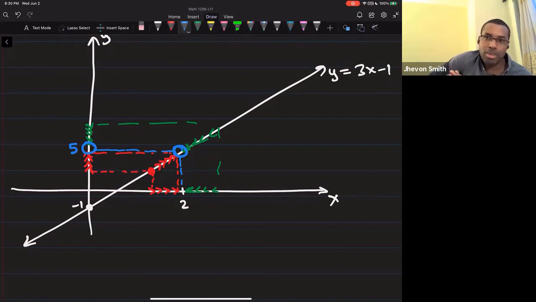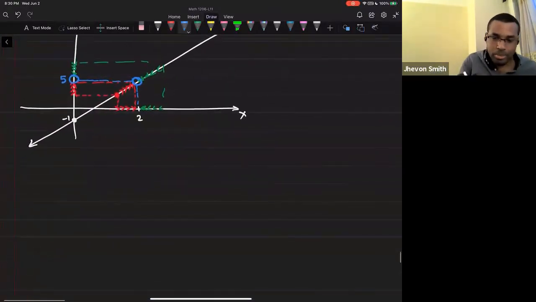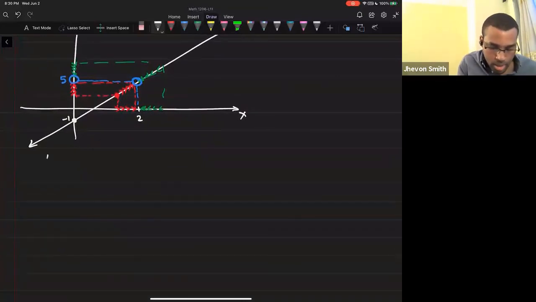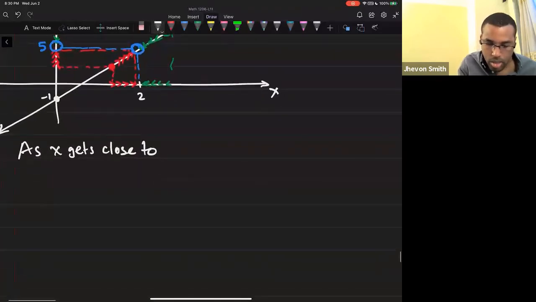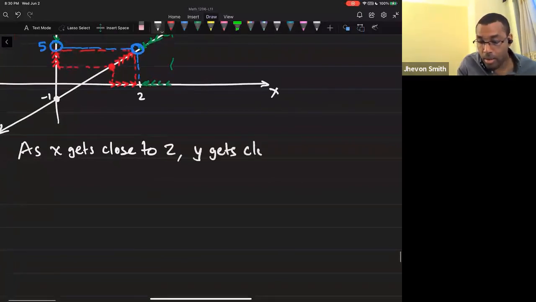But you just said something very important. Well, I could just plug in the 2. So why are we worrying about getting close to the 2? I can literally just be at 2, plug in the 2, and see the y value. So it turns out, as x gets close to 2, y gets close to 5.